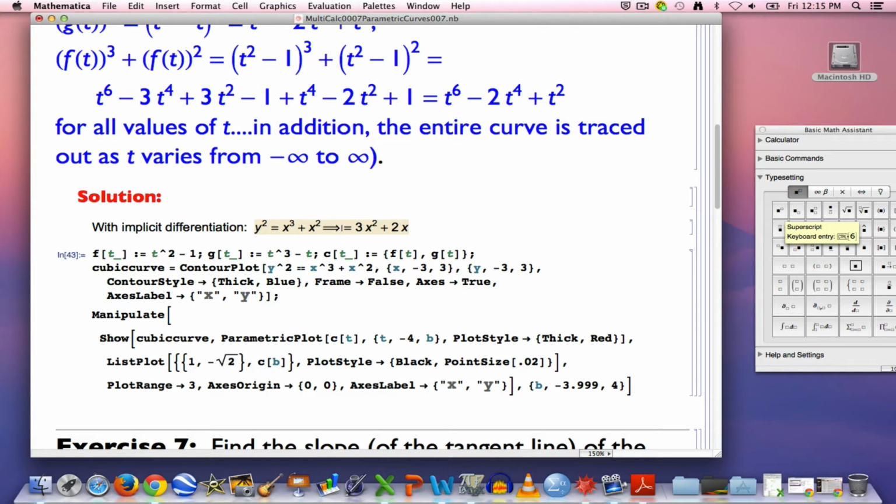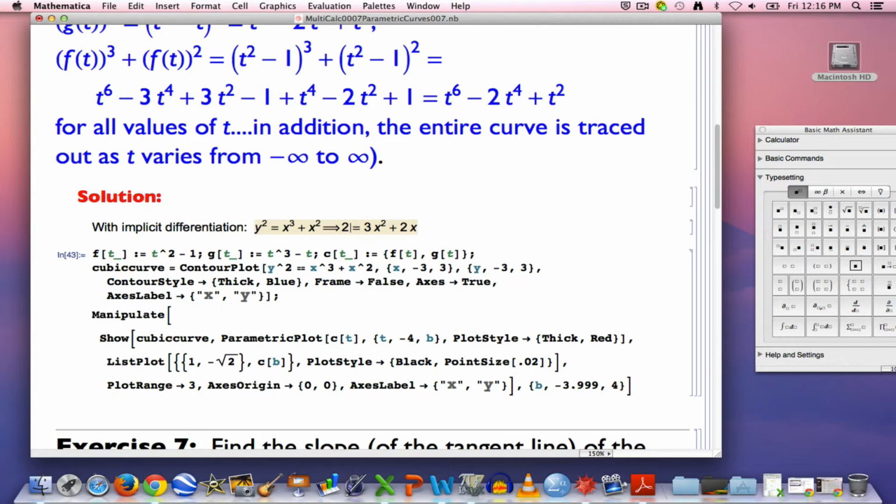Because we're assuming y is a function of x, you need to imagine that y is replaced by some function of x. You might call it h of x or something. And it's like you're differentiating h of x quantity squared. It's not traditional to actually put an h of x in there, though you could. But you need to imagine it. And because of that, you really need to use the chain rule.